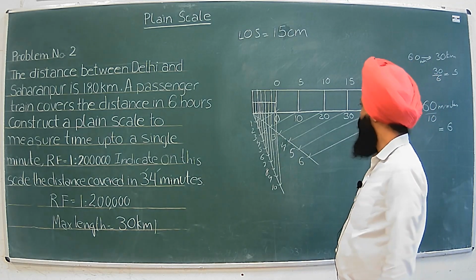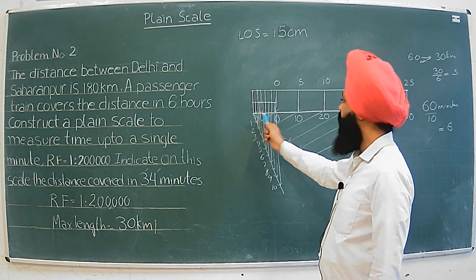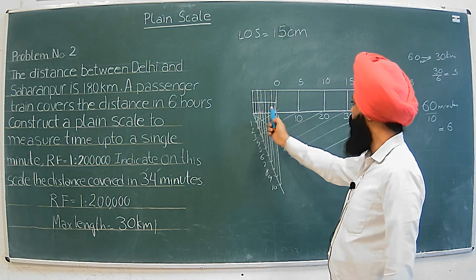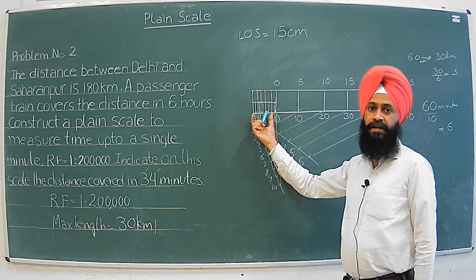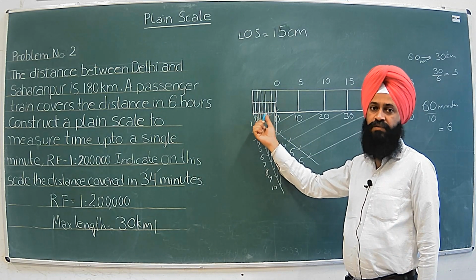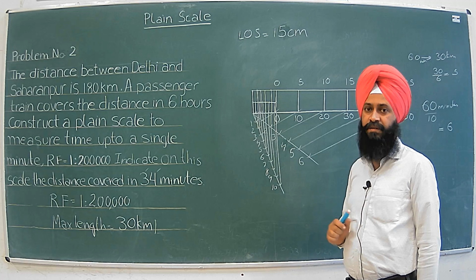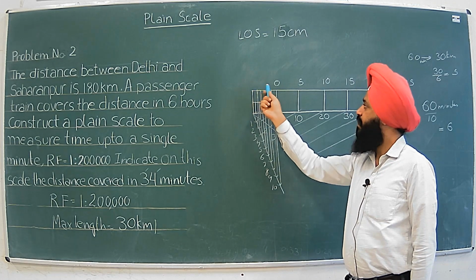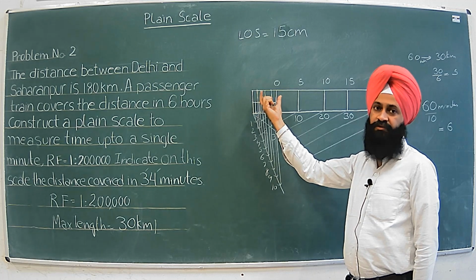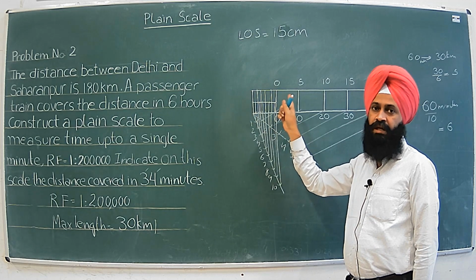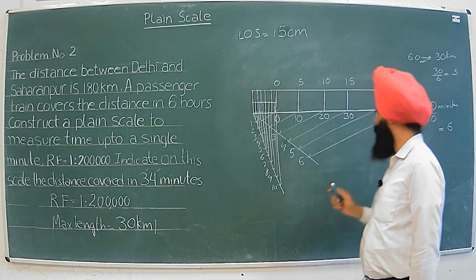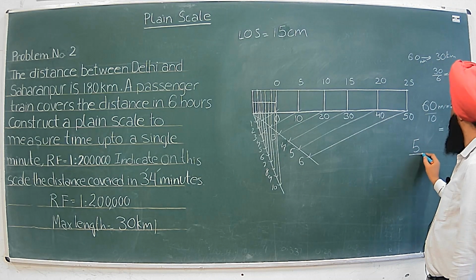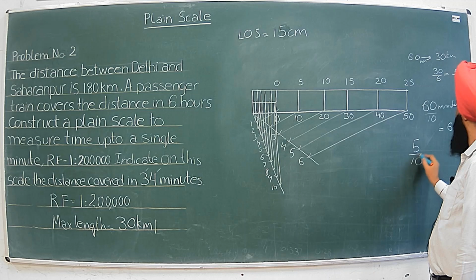Now we have divided this into 10 equal parts. This was representing 10 minutes, so each smaller division is representing a single minute. In terms of kilometers, the bigger box is representing 5 kilometers, and we have divided it into 10 equal parts.